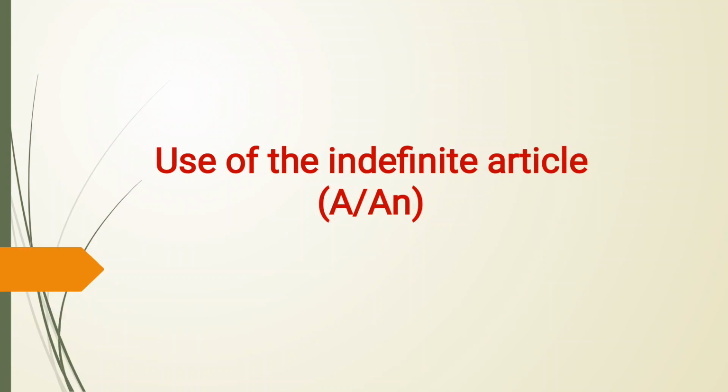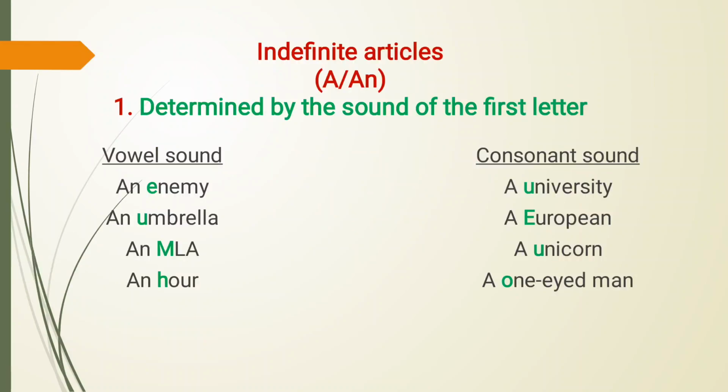Let us learn the use of the indefinite article a or an. Now, indefinite articles are generally determined by the sound of the letter. Yes, here you need to notice that I am talking about the sound of the letter. When you look at these examples, you will notice that not all these words begin with a vowel.